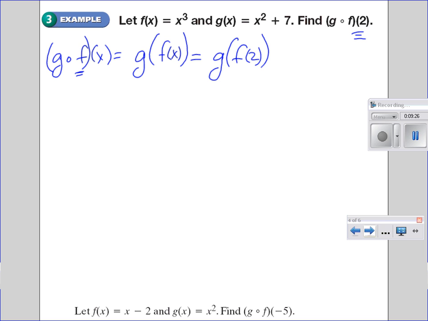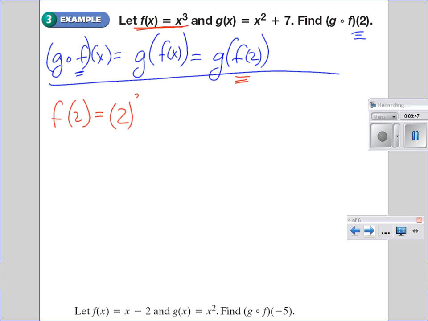And at this point, I should just stop, because now I need to know the function value when x is 2. So let's go ahead and do that. I take the f function and just put 2 in for x. 2 to the third, well, that's 8. So f of 2 is 8.